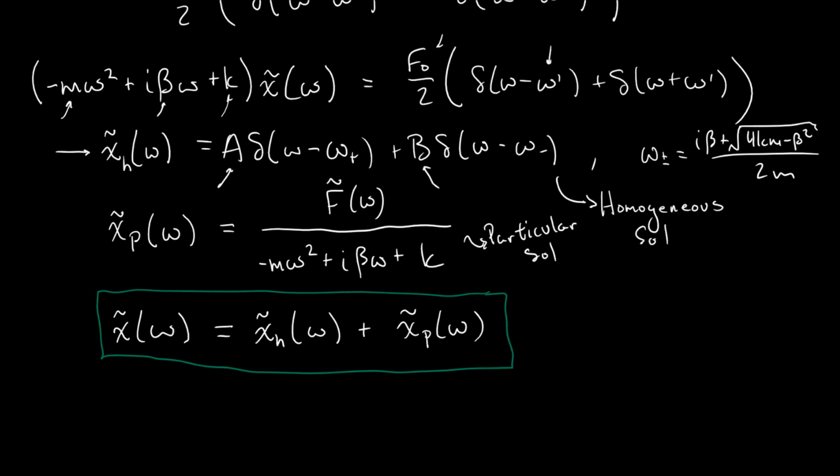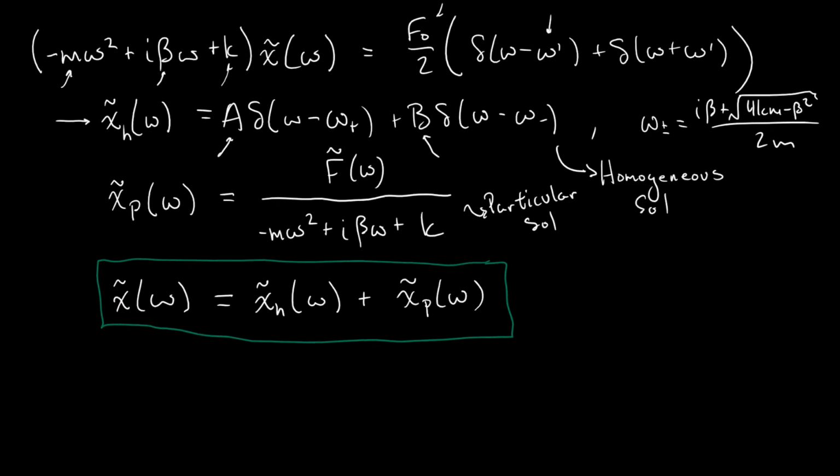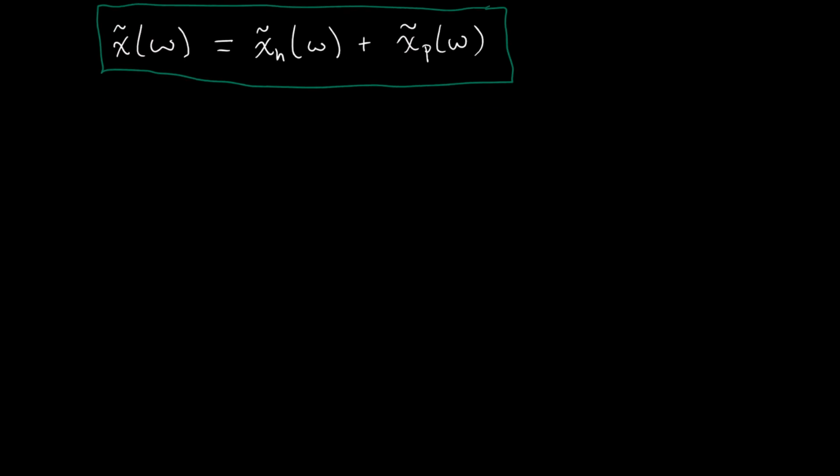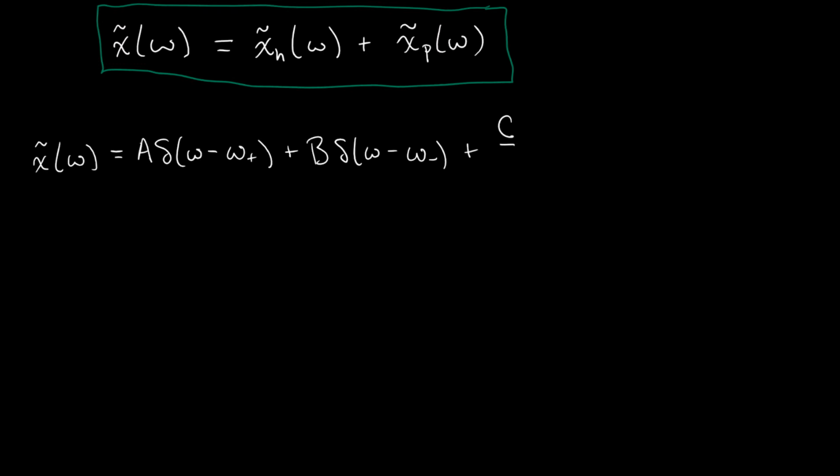Okay, so with all of that said, I'll write all of this out. I can write this function of omega. It's going to be a not particularly pretty expression, but my omega minus plus f naught over 2, right?